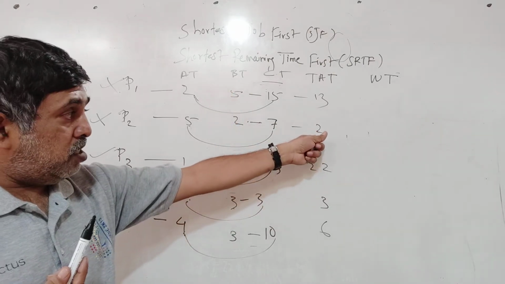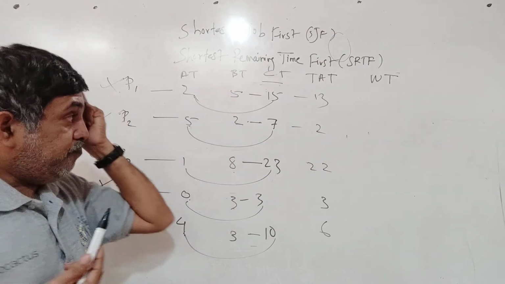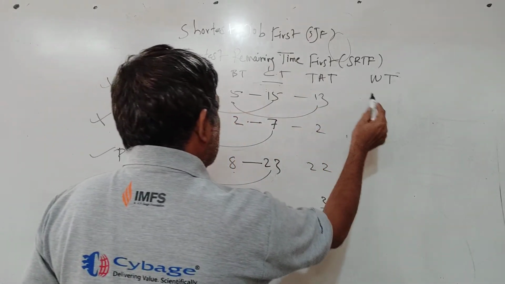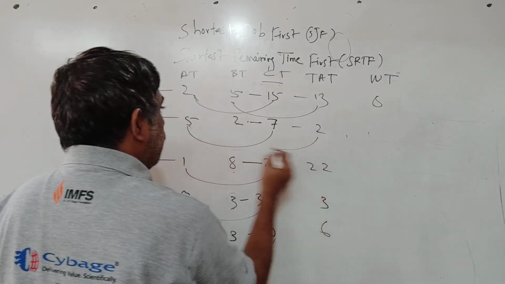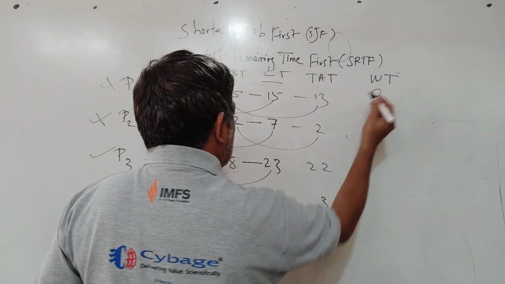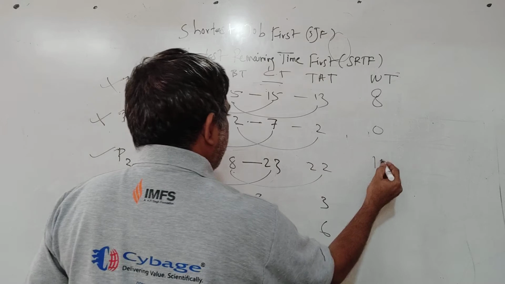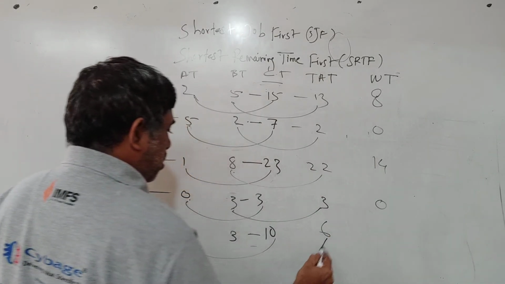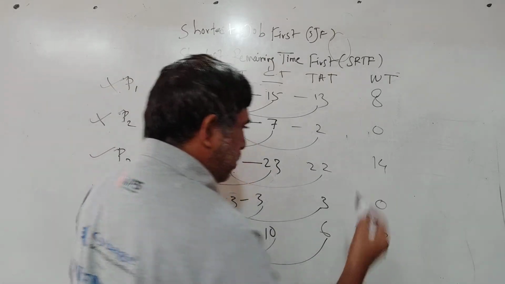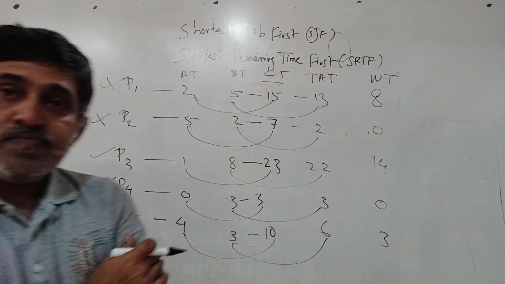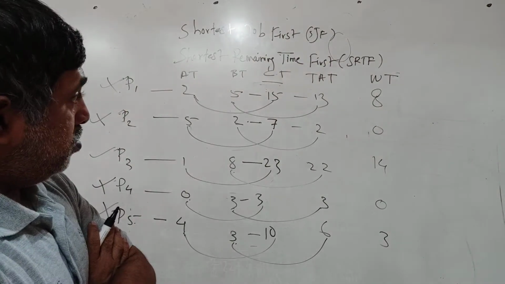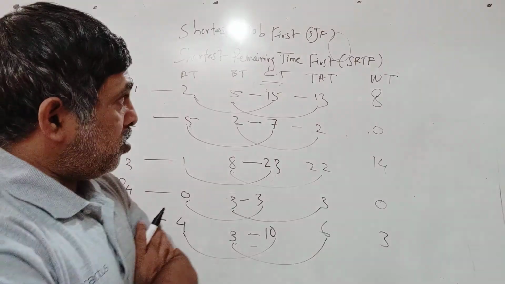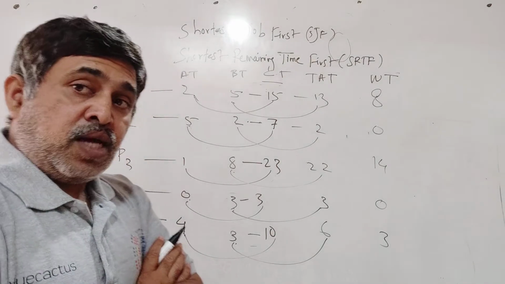So similarly here: 13 minus 5, 8; 2 minus 2, 0; 22 minus 8, 14; 3 minus 3, 0; 6 minus 3, obviously 3. So now we are done with calculation of turnaround time, and we are done with calculation of waiting time.